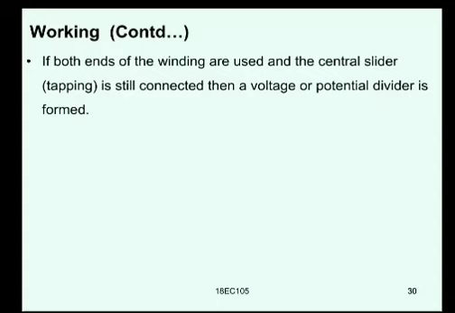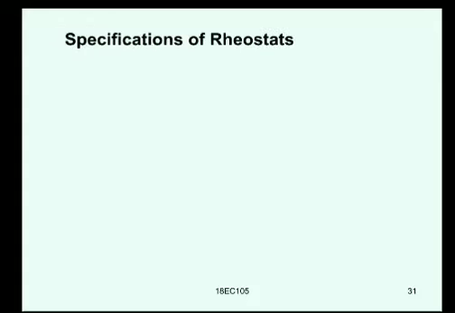And a few specifications of rheostats. Let us see the specifications of rheostats. The resistance value varies between 1 ohm to 10 kilo ohms.